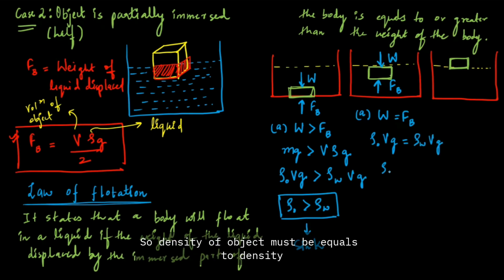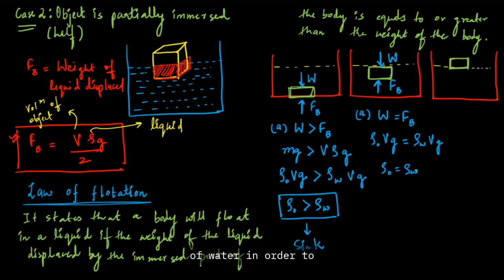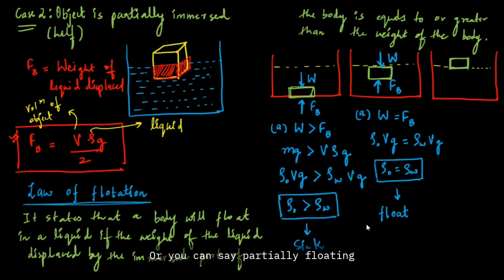So density of object must be equal to density of water in order for the object to float, or you can say partially floating. We observe partial floating because the object is not fully immersed, and it is not fully floating either. So it is a balanced condition, and that is the condition shown by oil droplets.